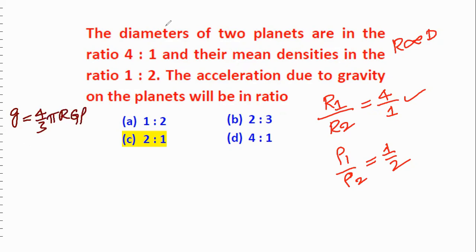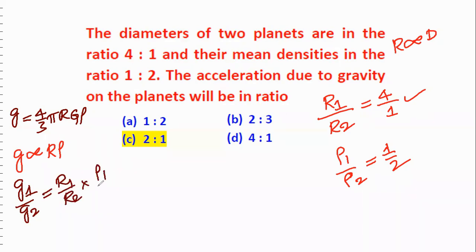Therefore, acceleration due to gravity g is proportional to R into rho. Therefore, g1 by g2 is equal to R1 by R2 into rho1 divided by rho2.